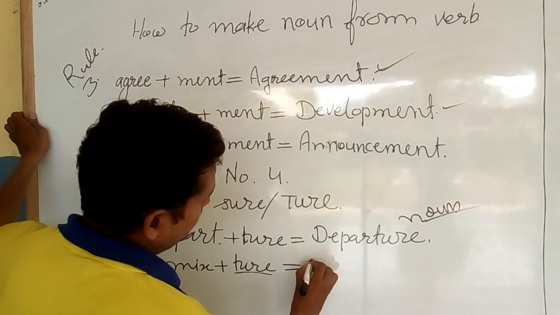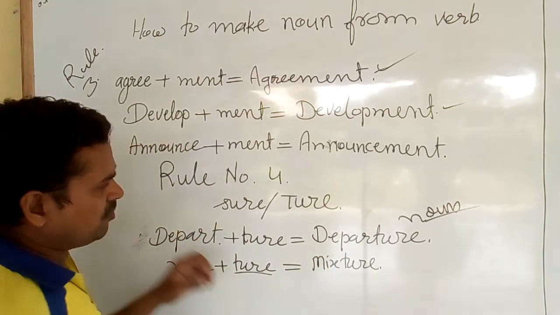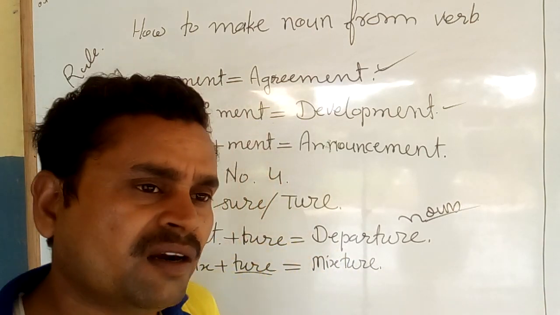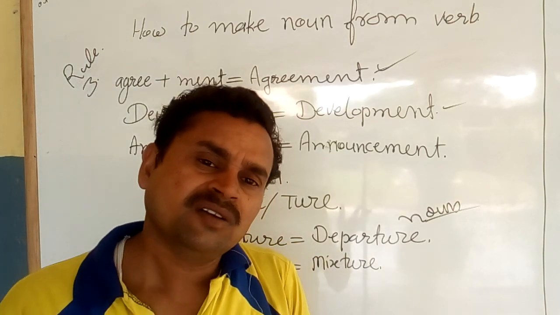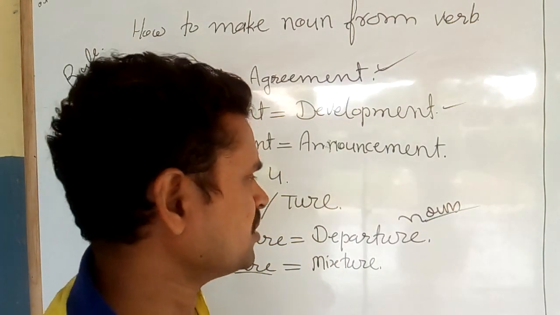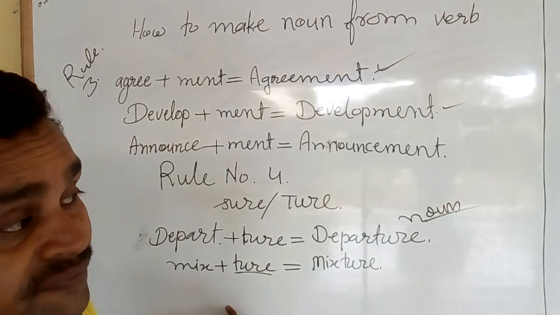It will be mixture. These all words are nouns, and these are formed by adding some letters. Now come to the next, rule number 5.